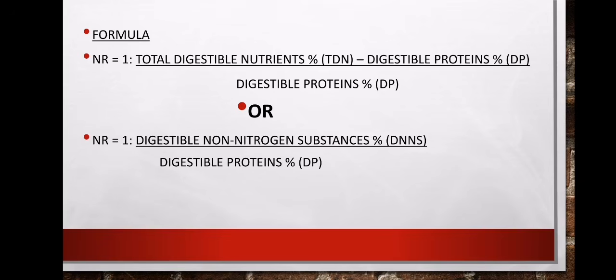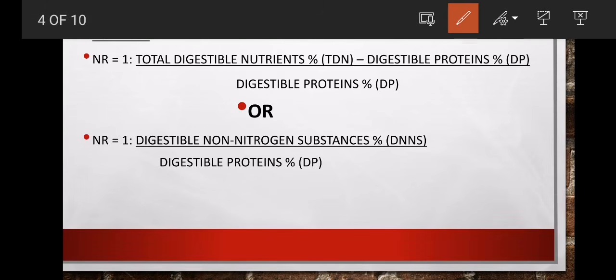Let me just explain it to you now. If you have a pen, just take this one down. When we check this one, the TDN, it simply means all the nutrients. TDN, we are talking about all nutrients that are digestible.